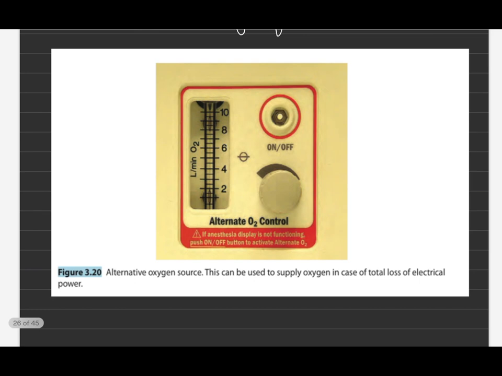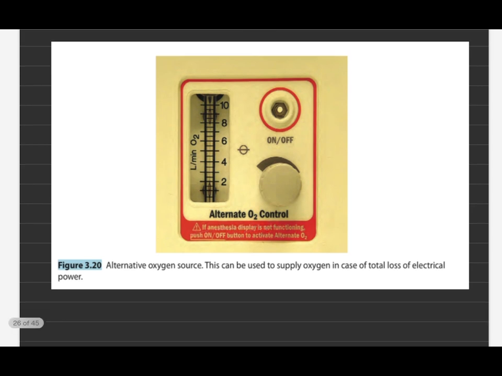If the anesthesia display is not working, we just press this button and turn this knob on, and the flows will rise. So this is used in an emergency situation, or when there is total loss of electrical power and the machine is not working. This will provide oxygen to the patient.